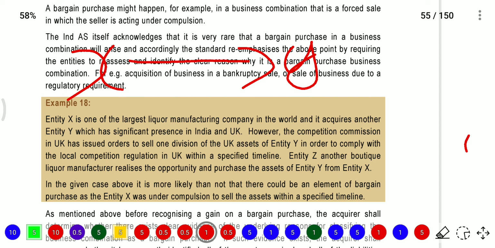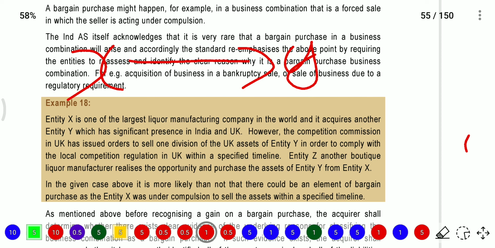However, the Competition Commission in the UK has issued an order to sell one division of the UK assets of entity Y, in order to comply with local competition regulations in the UK within a specified timeline. Because of that regulation, they are selling.